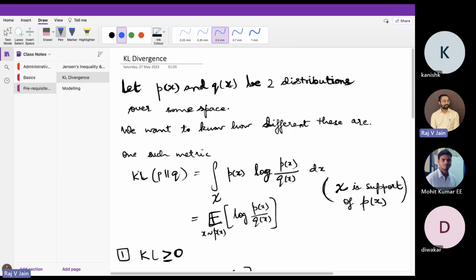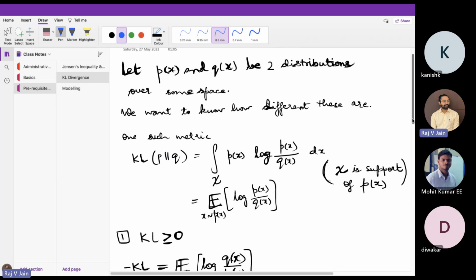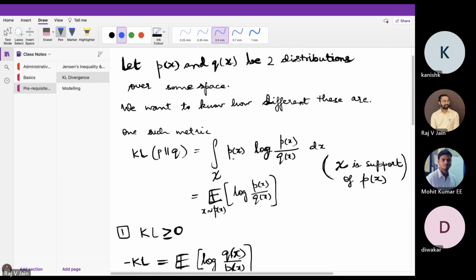Let's say KL of two distributions, P and Q, this is the symbol that we use for denoting these divergences, is basically the integral over x of P of x log P of x by Q of x dx. This should be very clear from the LOTUS theorem that we did last class, that this is just the expectation of the function log of P of x by Q of x over the distribution of x, that is P of x.